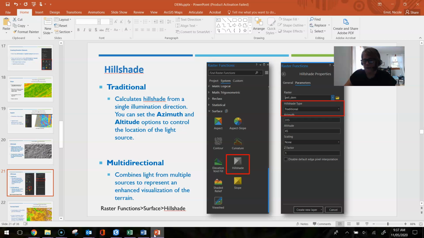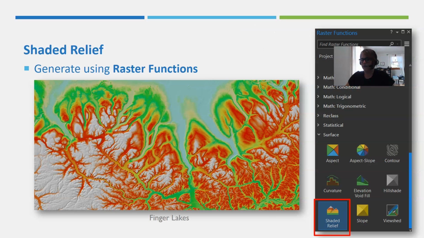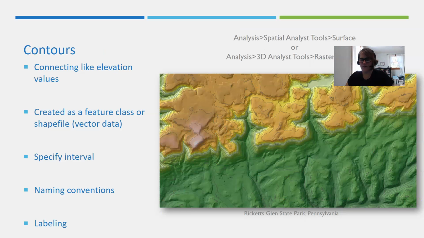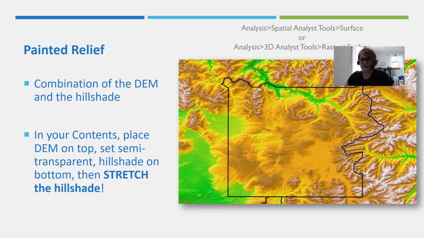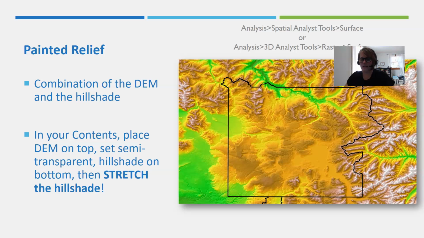So going back now to the PowerPoint. So we went over all of these various tools again in previous classes, but again to remind you, Paint It Relief is the combination of the DEM and Hillshade, and it tells you how to create that, and again the areas to create that in.